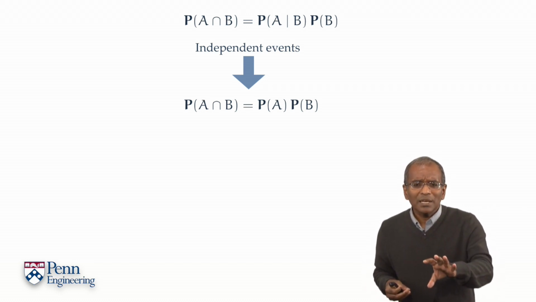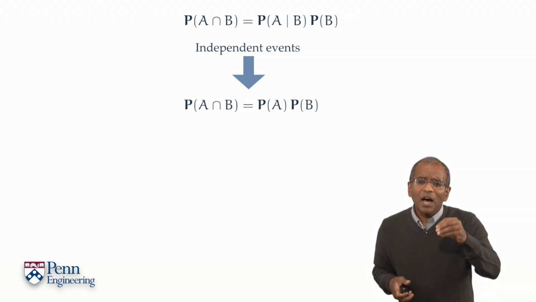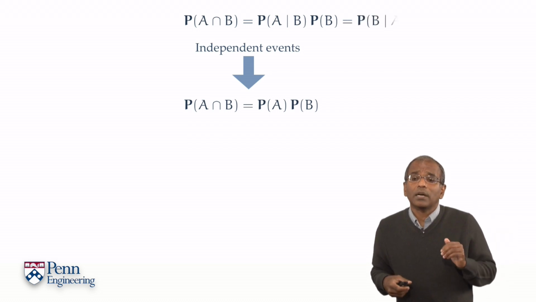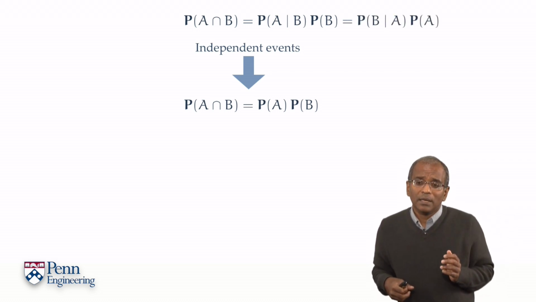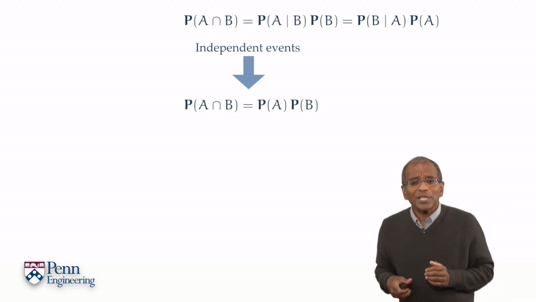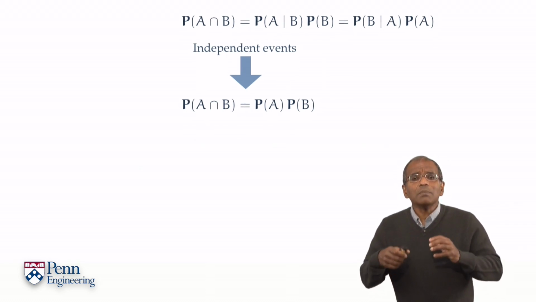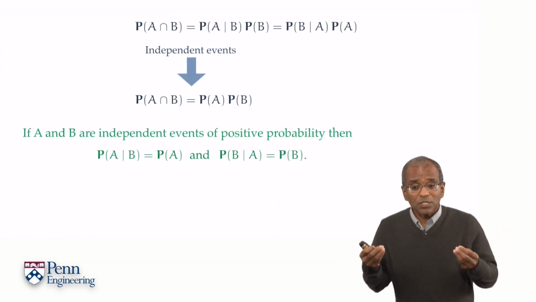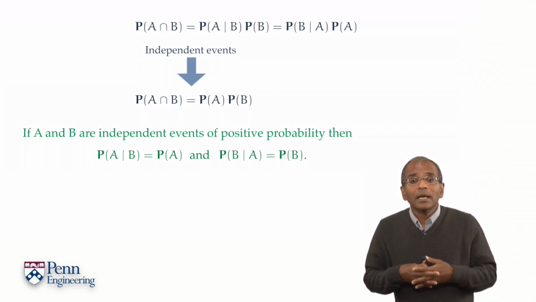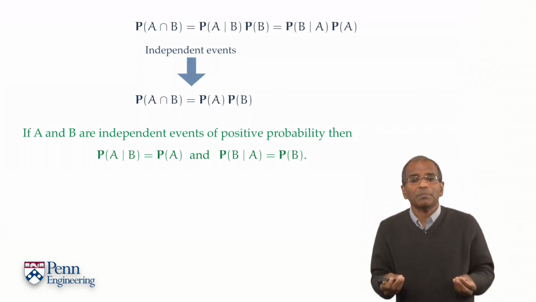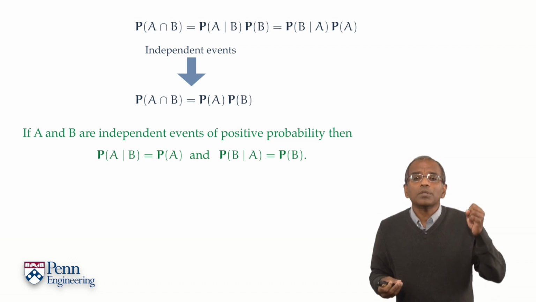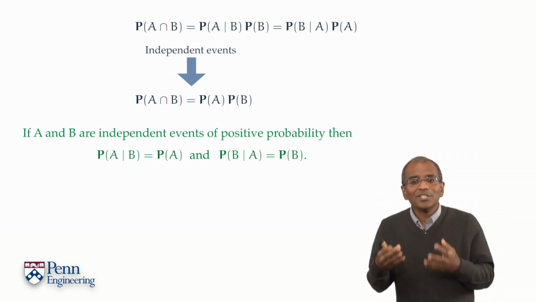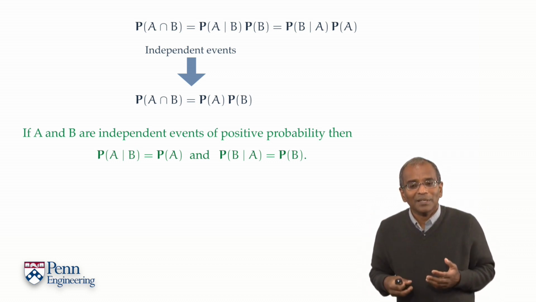But before we do that, let's pause to observe that our chain rule for conditional probability can be written in the other direction just as well, by conditioning on the event A. And now by examining the objects on the right-hand side, we can simply deduce that if A and B are independent events of positive probability, then the conditional probability of A given B is just the probability of A itself. And the conditional probability of B given A is just the probability of B itself.